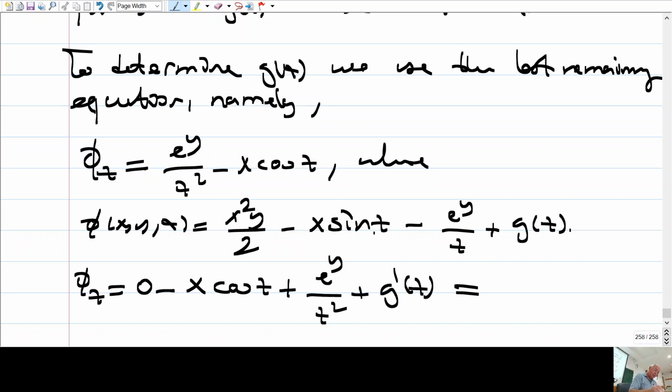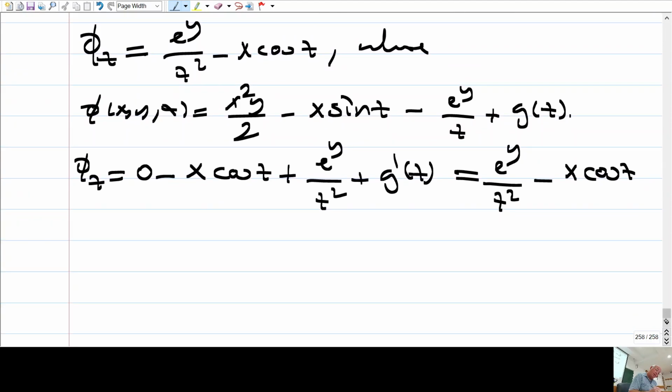And this should be equal to e to the power y over z squared minus x times cosine z. If I compare these two, you see they're all the same. So g prime z is just 0.